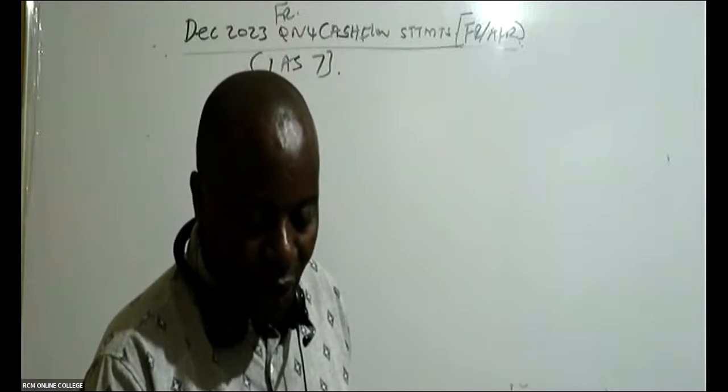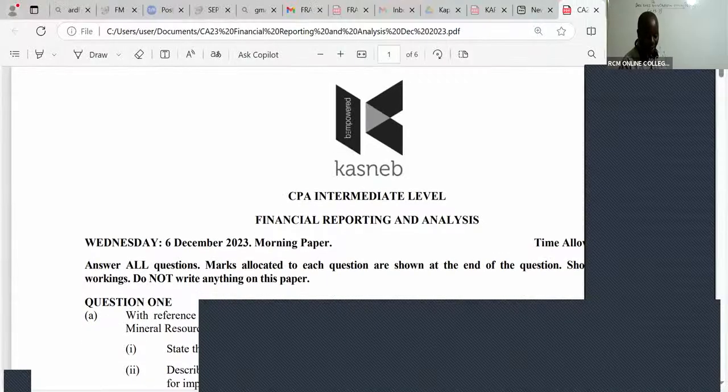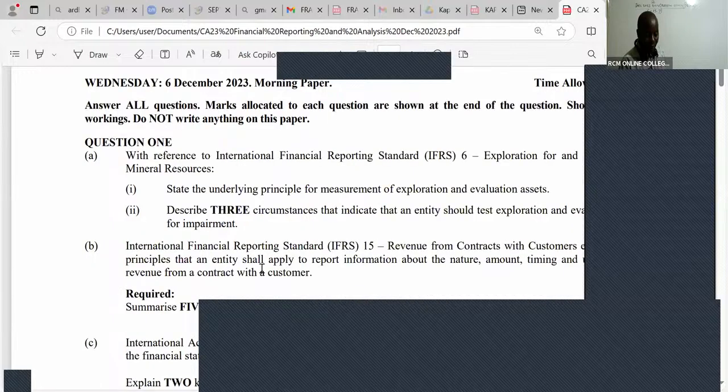So the question that we are doing here is shared by Mwalimu. It is a financial reporting question, December 2023, question number 4.